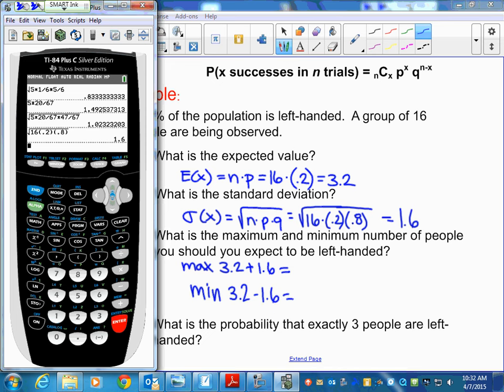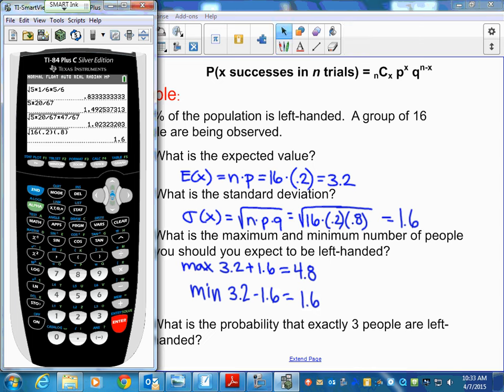So what we end up with is 4.8 and 1.6. So out of those 16 people, we can expect a maximum of 4.8 being left-handed. We can expect a minimum of 1.6 of those people being left-handed. Does that make sense? It gives us a range that we're dealing with.